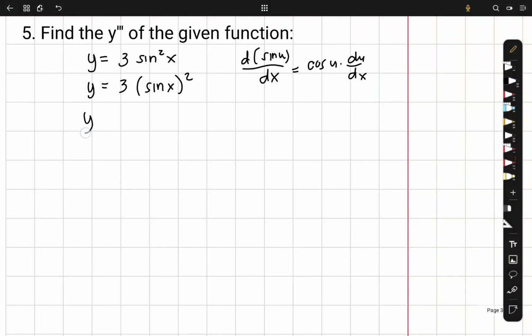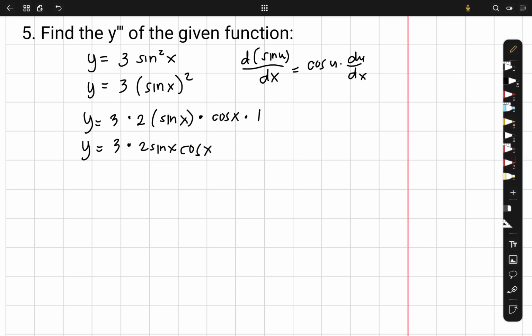So that is y prime is equal to 3 multiplied by 2 sine x multiplied by itong nasa loob natin. So anong derivative niyan? That is cosine x times derivative ng x, that is 1. So we have y prime is equal to 3 multiplied by 2 sine x cosine x.